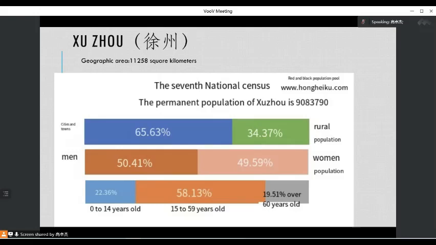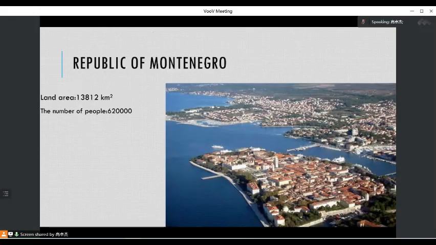Now let's compare the population of Xuzhou with the population of a country. Do you know the country? The Republic of Montenegro. In Chinese, 黑山共和国.